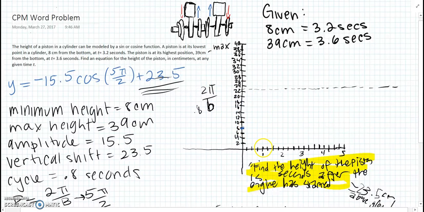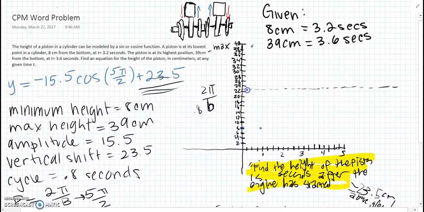So we do 0.8, which would be about here on the graph, and this is where it would reach the minimum value again. So at 0.4, which would be right here on the graph, it would reach its maximum value. And at 0.2, which would be right here, we'll reach the midline.